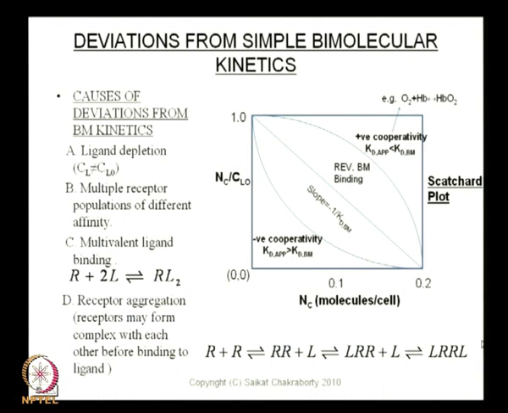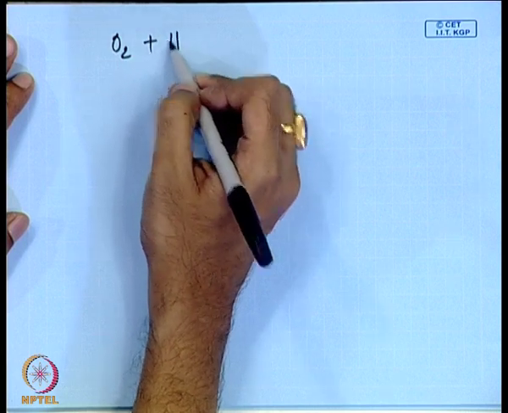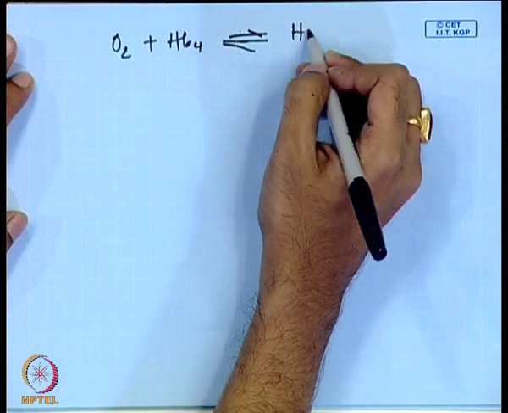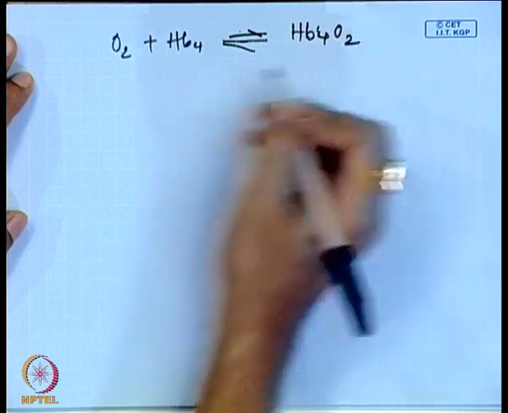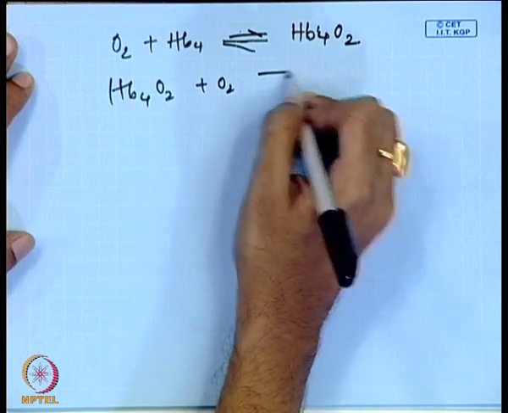Okay. So, this is exactly similar to the hemoglobin thing. In hemoglobin, what happens essentially, if I can write this for you, if I have to do this four of them. So, this is how it happens. Hb4O2, then Hb4O2 reacts with O2 again.